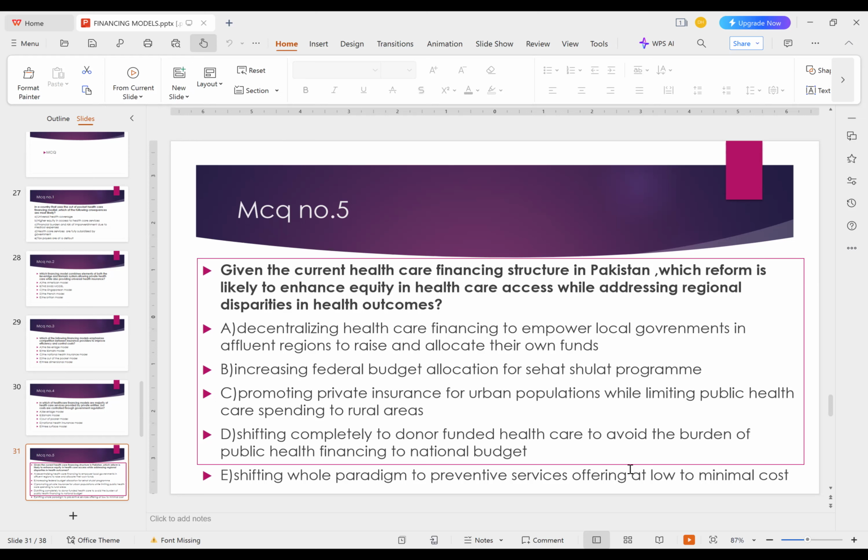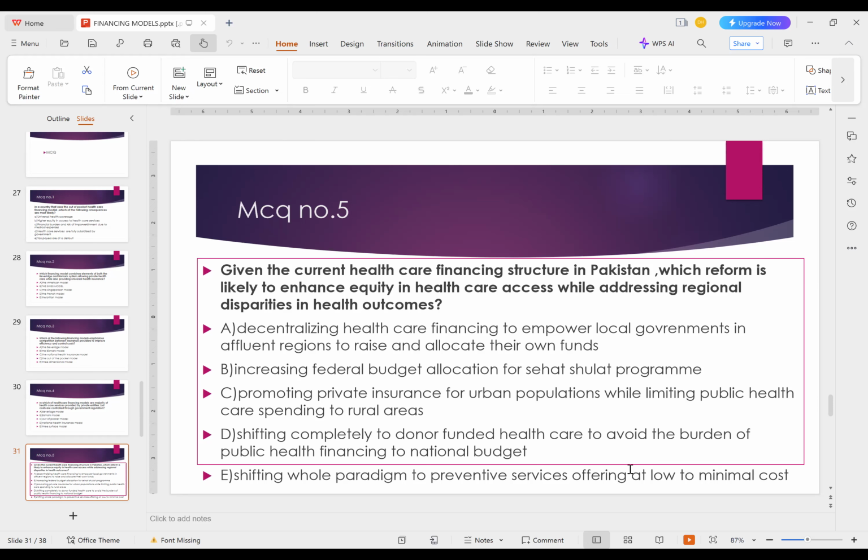B, increasing federal budget allocation for Sehat Sahulat program. C, promoting private insurance for urban populations while limiting public healthcare spending to rural areas. D, shifting completely to donor-funded healthcare to avoid the burden of public health financing on the national budget. Or E, shifting the whole paradigm to preventive services offered at low to minimal cost.